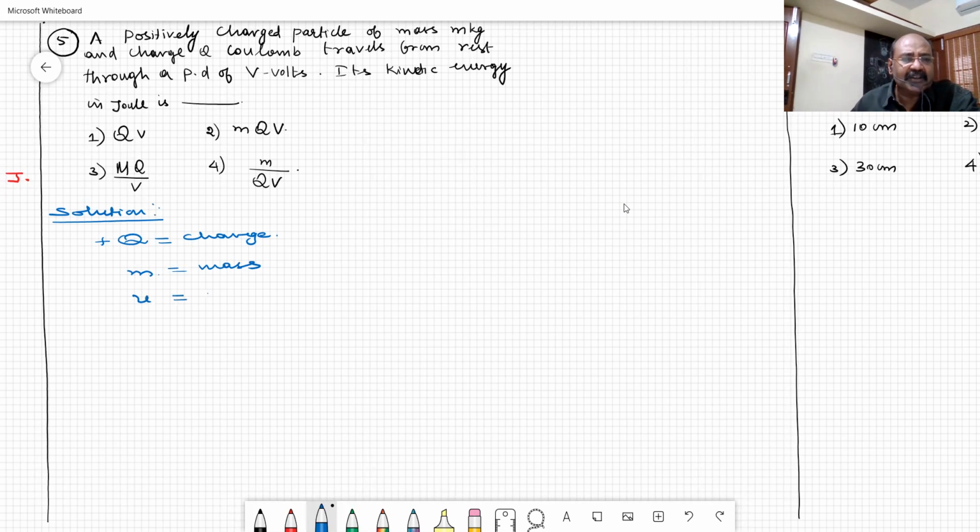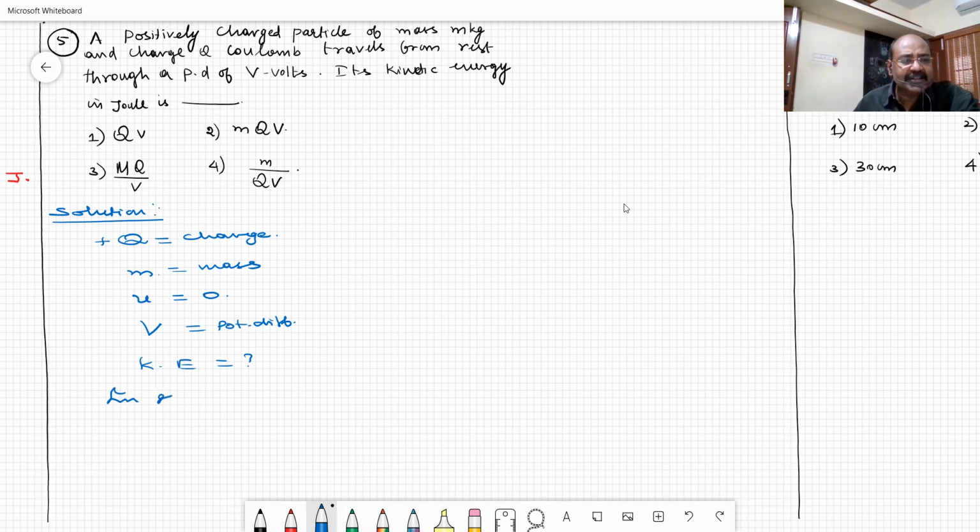Initially, it is starting from rest through a potential difference of V volt. So let us consider capital V as the potential difference. You are asked to calculate the kinetic energy in joule.